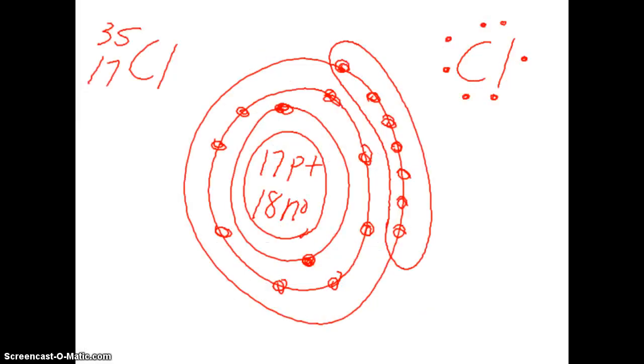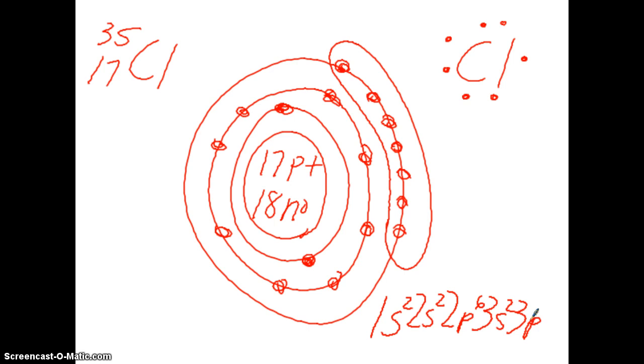So earlier we did the Bohr model and the Lewis dot structure for chlorine. To do the electron configuration, we would do that same diagram. 1s2, 2s2, 2p6, 3s2, 3p.